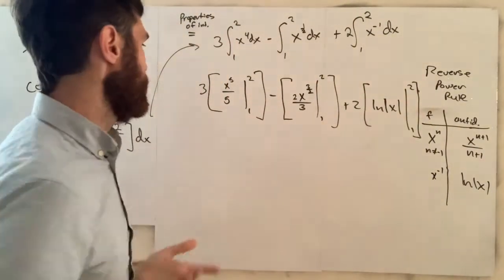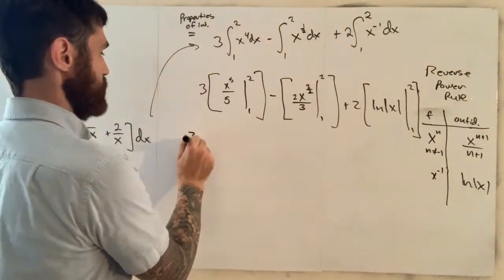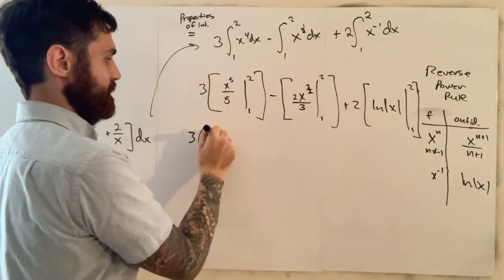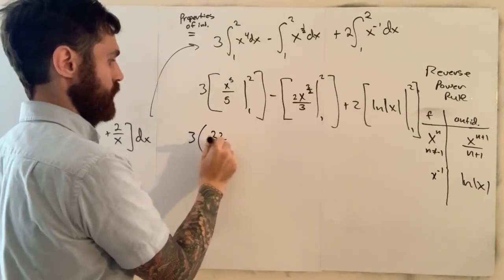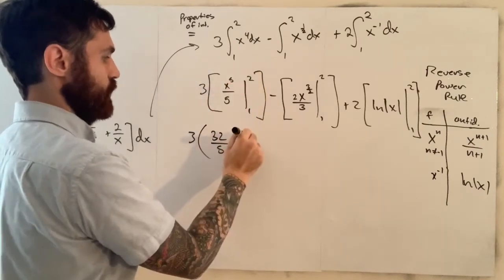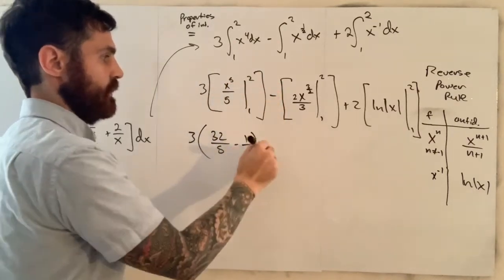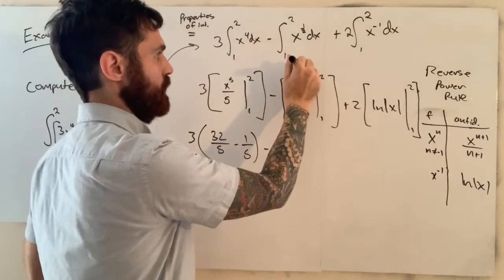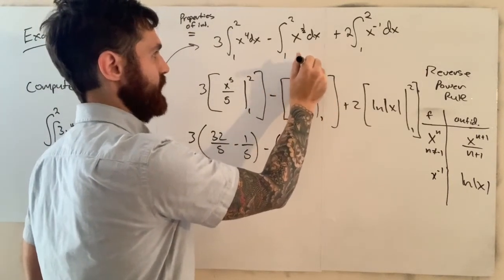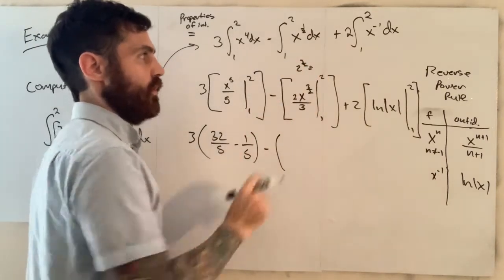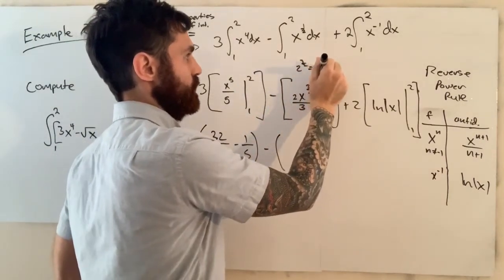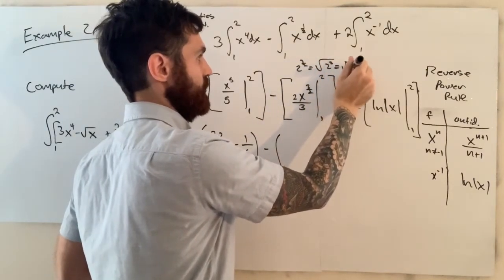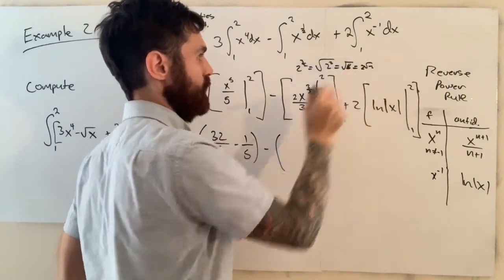All right, now I just have to evaluate these things. And this is where it can take a little bit of time. So this is just going to be 3 times 2 raised to the 5th, 32, over 5, minus 1/5, minus, well, if I plug in 2 and raise it to the 3/2, that's going to be square root of 2 to the 3, or square root of 8, which is just 2√2.